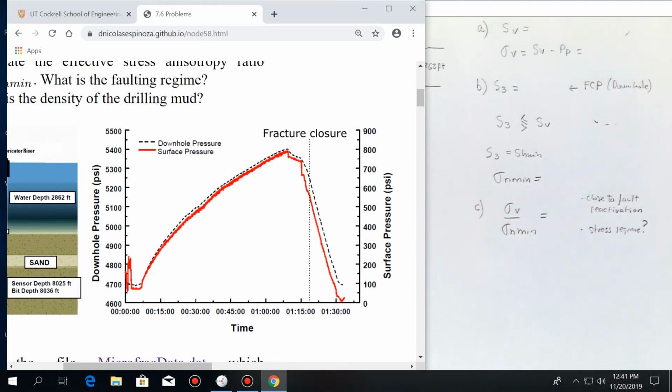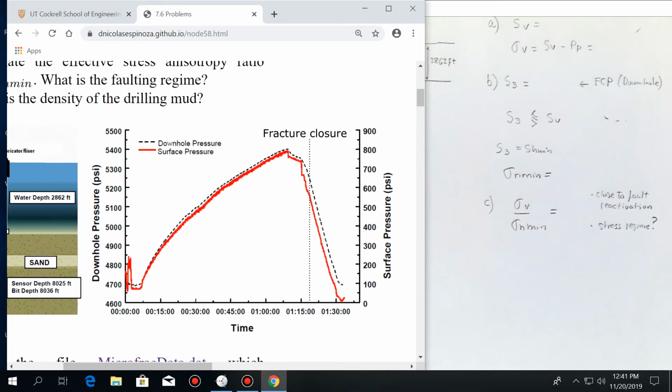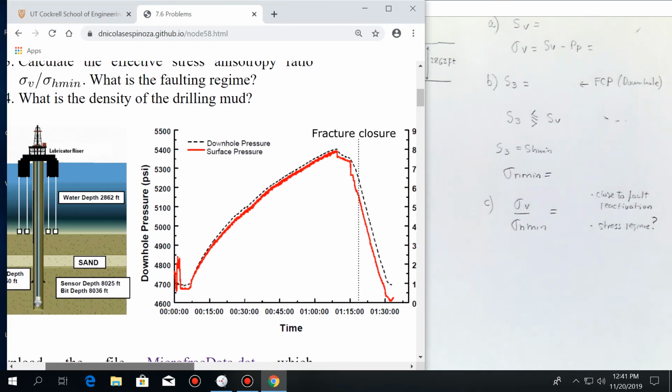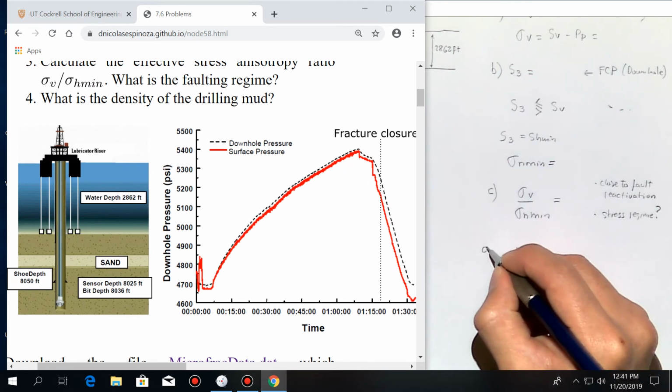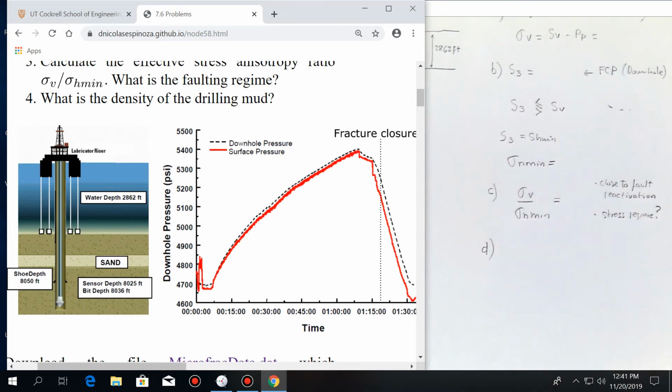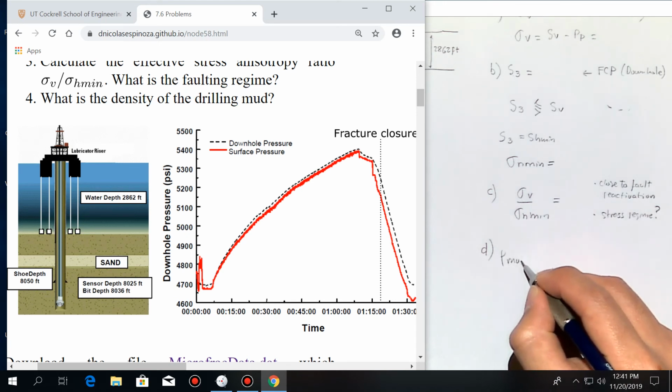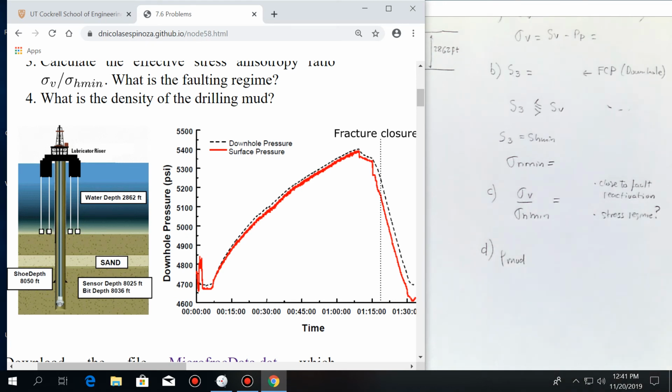One more thing that you can do out of this problem is that by comparing the downhole pressure reading and the surface pressure, you can tell what the density of the mud is. In this case, assume there is no friction, no nothing.